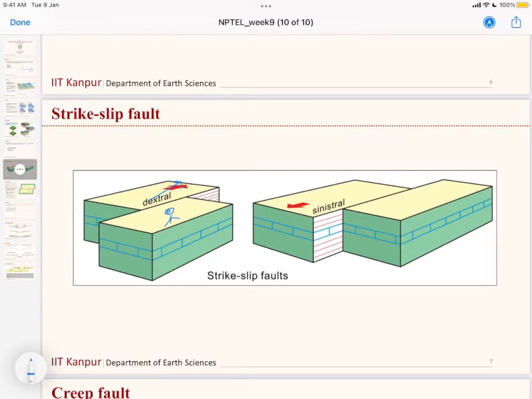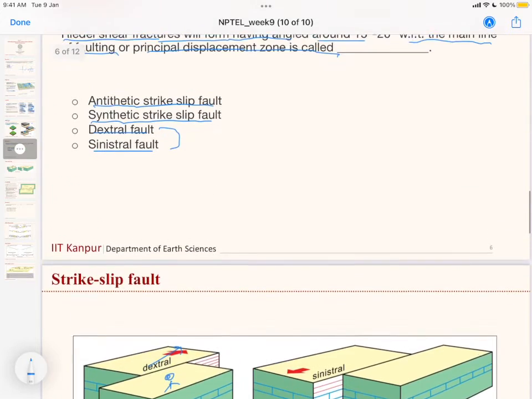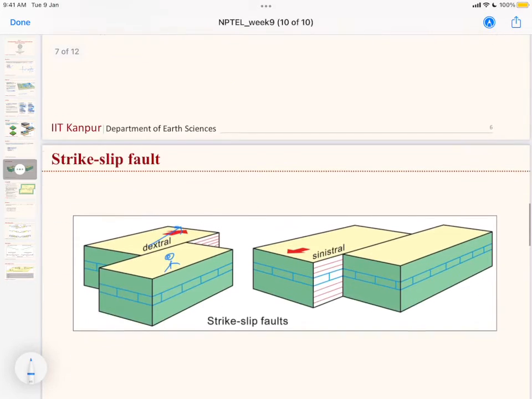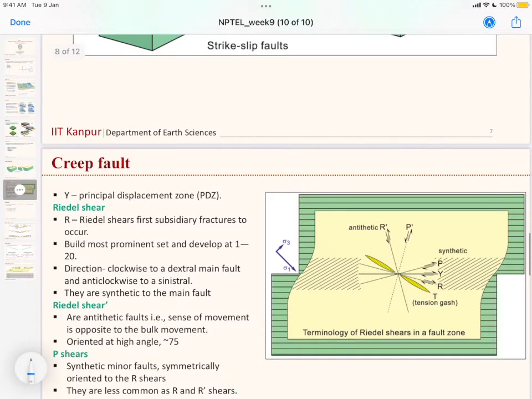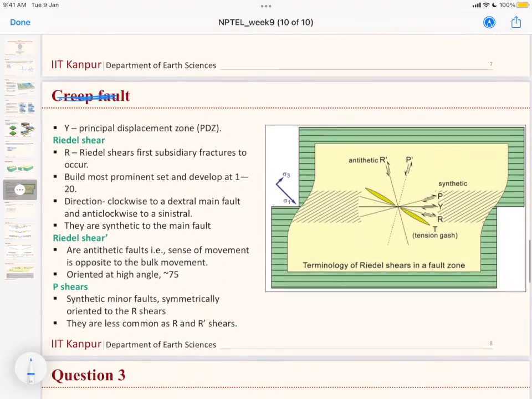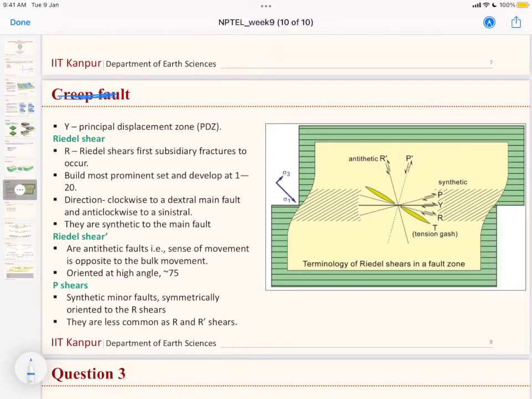Now let's understand these two further categories of the strike slip fault, that is the antithetic and synthetic. Just ignore the heading, I forgot to change it. Now this is a bit of a complex figure, but it's a very easy one.